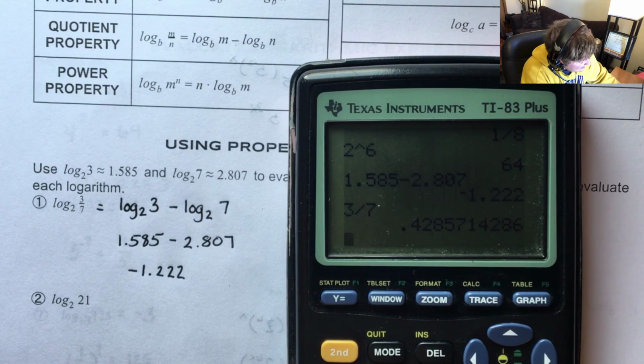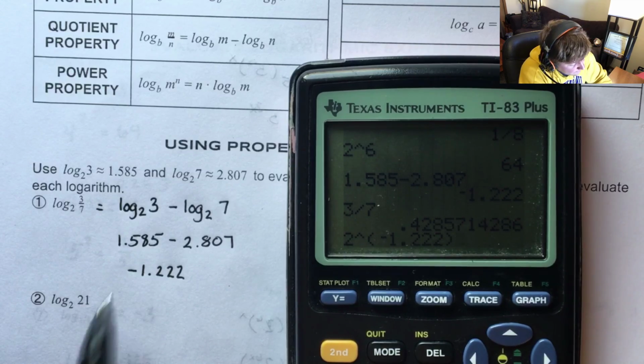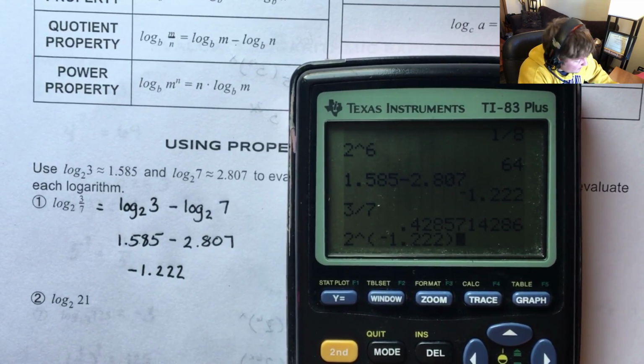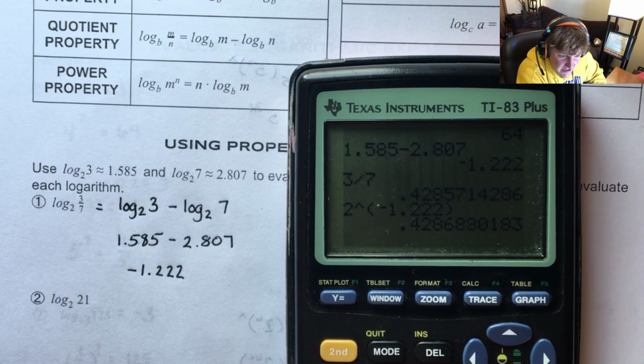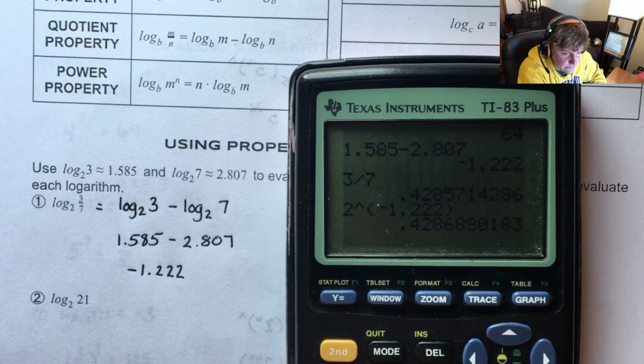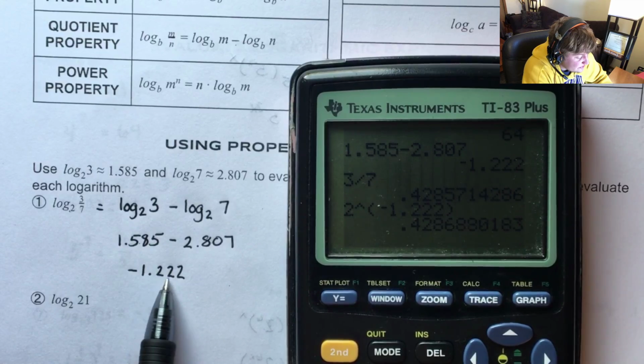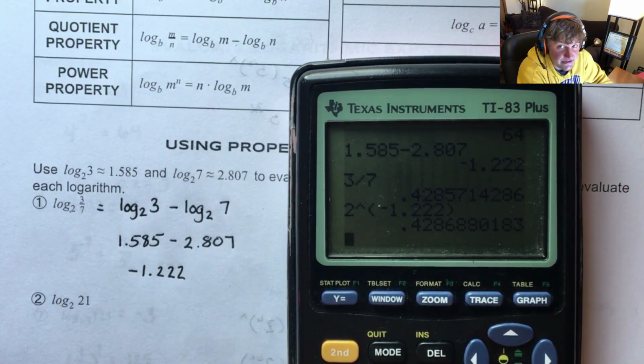If I take 2 to the negative 1.222, and again, since I've rounded a couple times, it's going to be a little bit off, but you can see that it's a very close approximation of that. So this is telling me that if I raise 2 to the negative 1.222 power, I'm going to get 3/7.